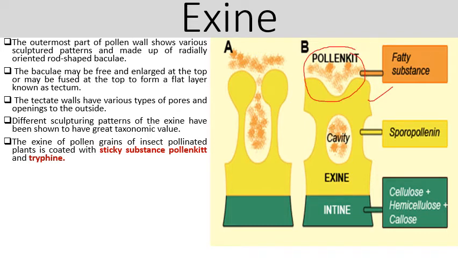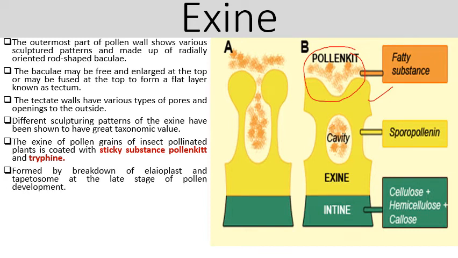The yellowish fatty substance on the outside is known as pollen kit, and it helps in sticking to the insect during pollination, and it also attracts insects for pollination. This is a hydrophobic substance. It is formed by the breakdown of elaioplasts and tapetosomes at the late stage of pollen development.